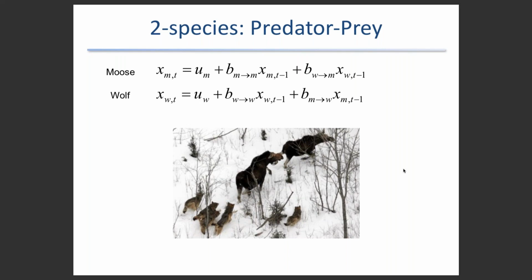Now we have wolf in this also, so now we have the wolves showing up there, that's the XW, and we have the effect of wolf on moose. We have the same equation for the wolves. So there's the wolves' rate of increase, the effect of wolves on themselves, and then we have the effect of moose on wolf. So this should be positive, and that should be negative.